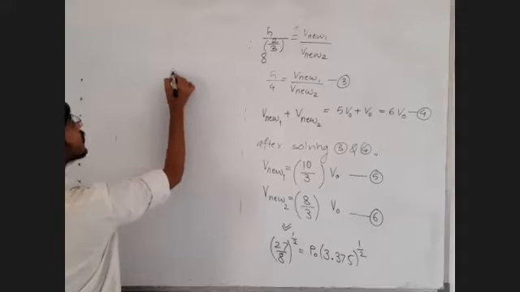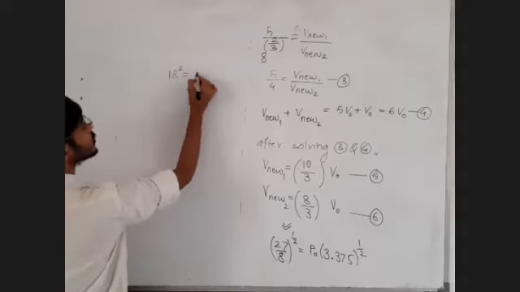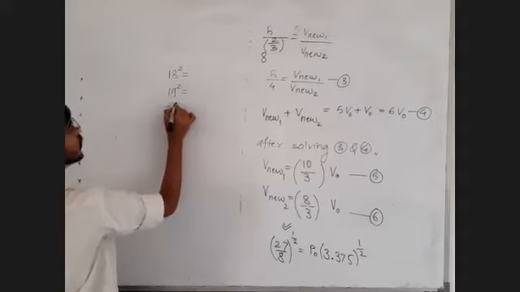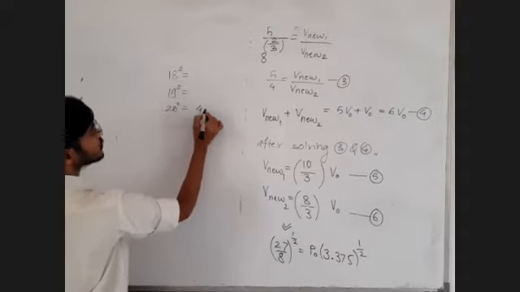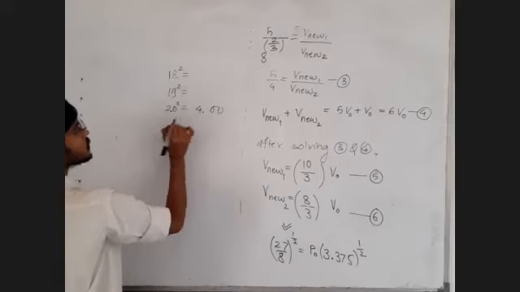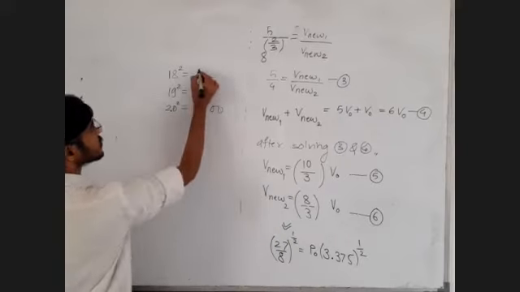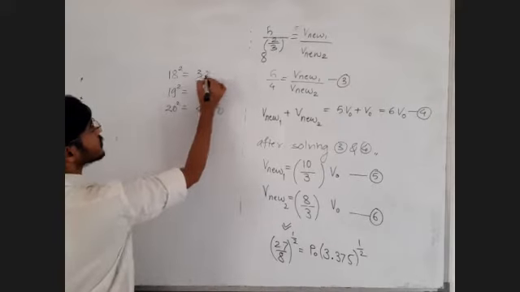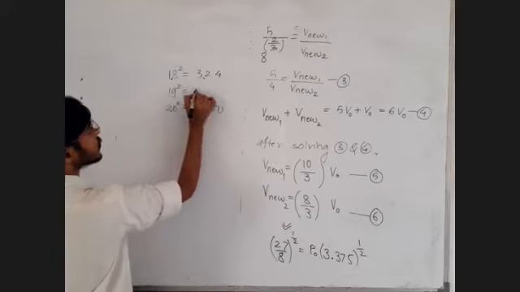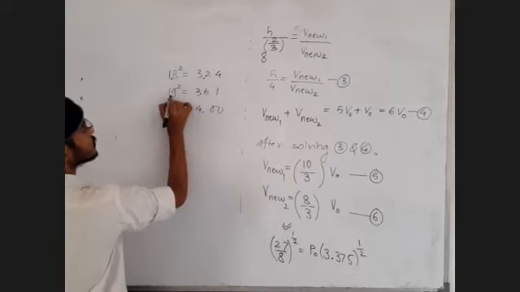What is the square of 18? 18 square, 19 square, and 20 square. 20 square is 400, so 2.0 square will be 4.00. 1.8 square is 3.24. 1.9 square is 3.61.